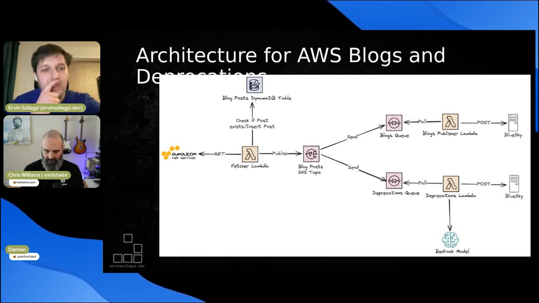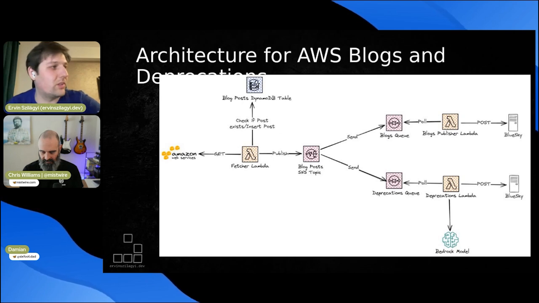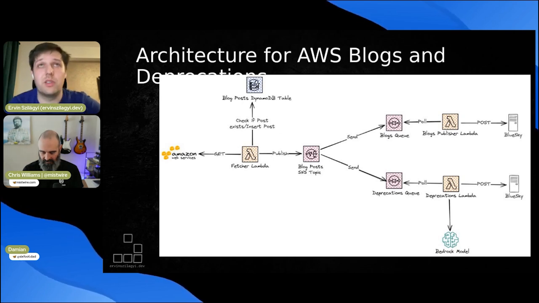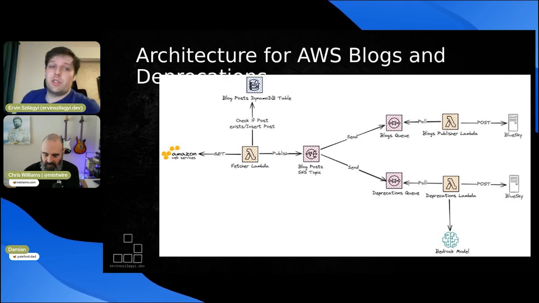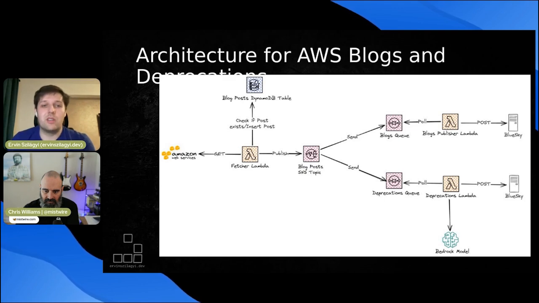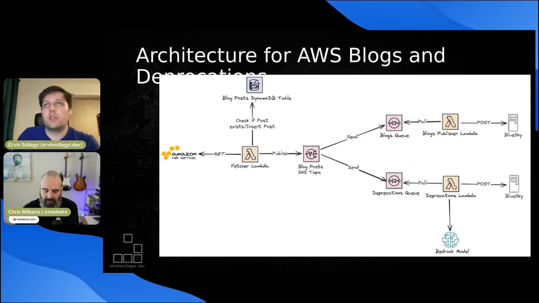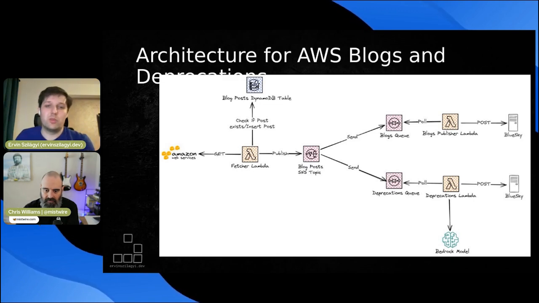So the idea here is that I don't want to retrieve the blog post twice. I want to retrieve only once, and I'm doing this on schedule. And for that, I have a Lambda function which does exactly that. It also uses DynamoDB in order to see what was posted and what should be posted.